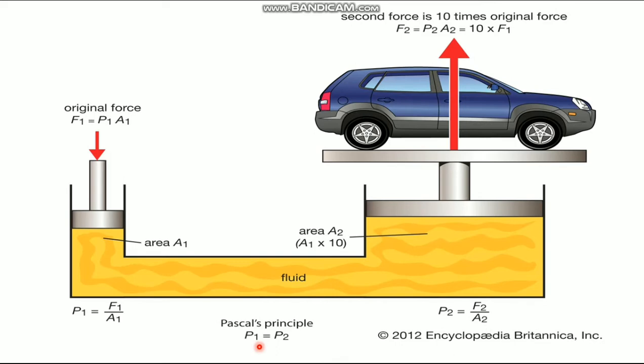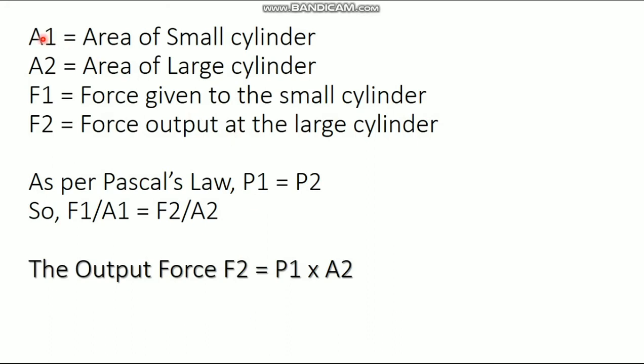Let us see the calculation. Let A1 be the area of the small cylinder and A2 the area of the large cylinder. Similarly, F1 is the force given to the small cylinder and F2 is the force output at the large cylinder. As per Pascal's law, P1 is equal to P2.